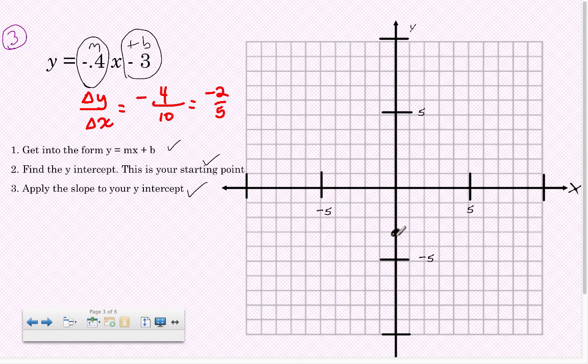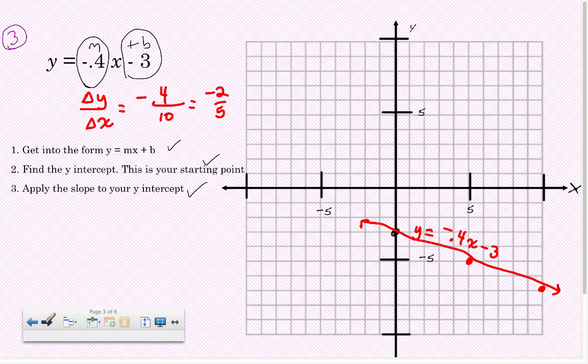I'm going to change my y value by -2, 2 positions down, and my x value is going to change by 5. 1, 2, 3, 4, 5. There's my line. Again, can't draw a straight line. This is the line, y equals -0.4x minus 3.